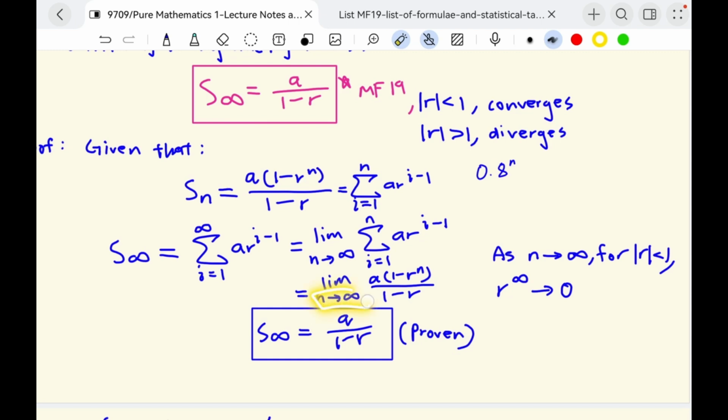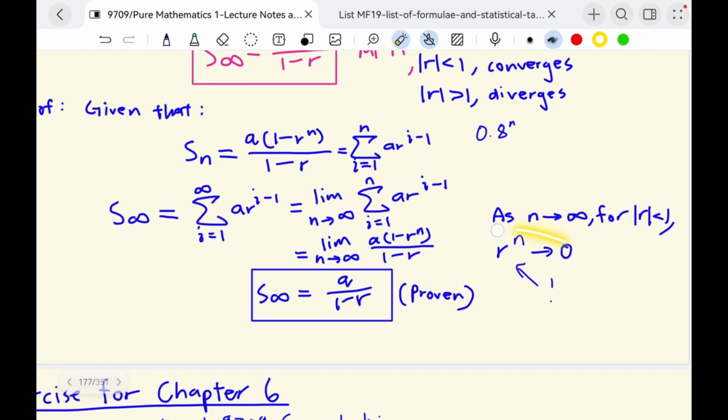So as n goes to infinity, for modulus of r less than 1, sorry, there's a mistake. It is not r infinity, it's r^n. Please change it over here. So r^n tends to 0, which means that this term becomes 0 right now.